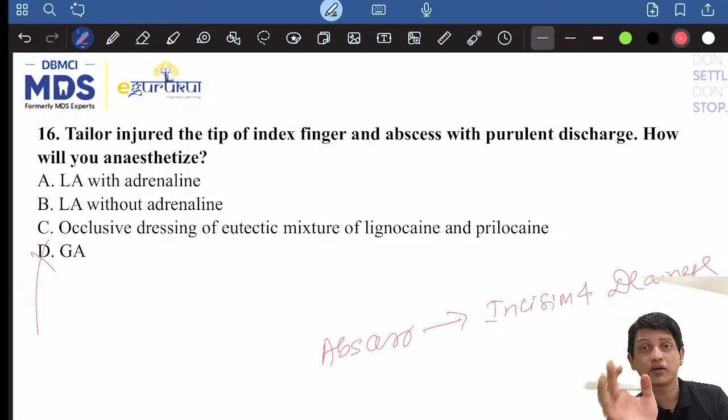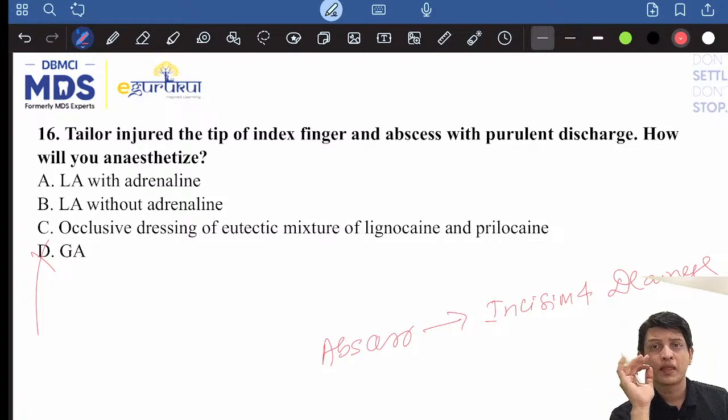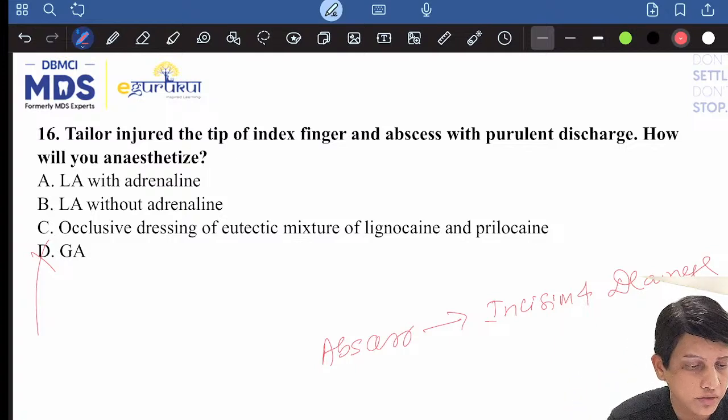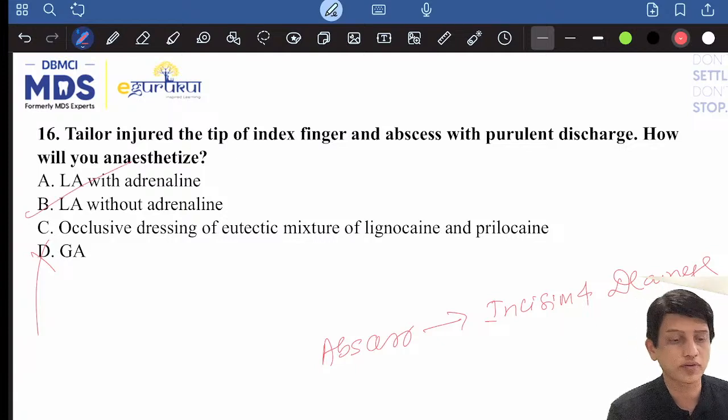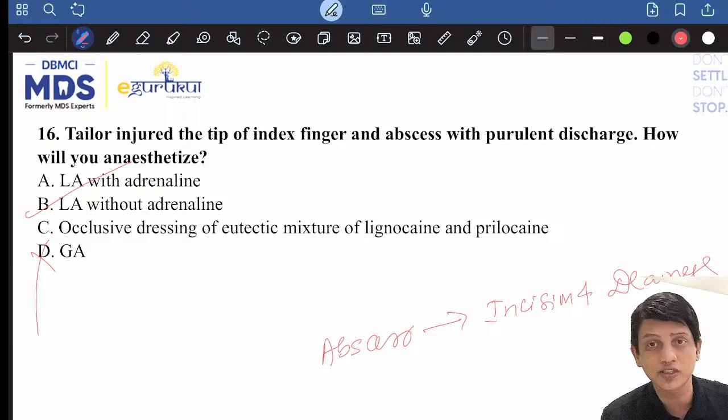So you avoid using adrenaline in end arteries. That is a good understanding. Aparajita has answered very well, to prevent vasoconstriction and ischemia. Harmandeep, excellent answers. So the answer is local anesthesia without adrenaline. Your preparation levels are very good. You are not just knowing the things, but you understood the concept very well. Really appreciate that. Okay, good.